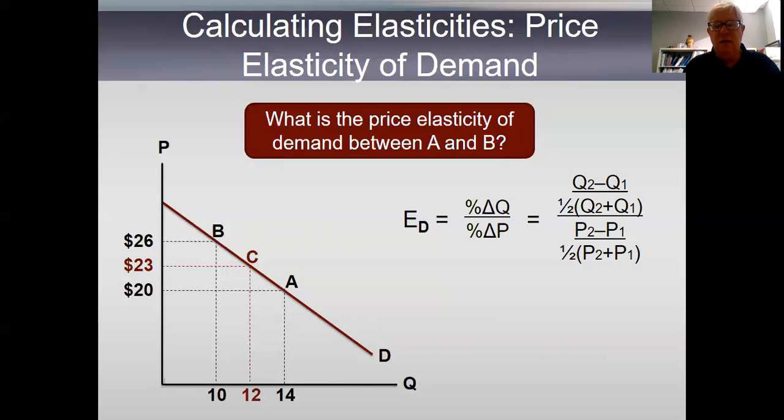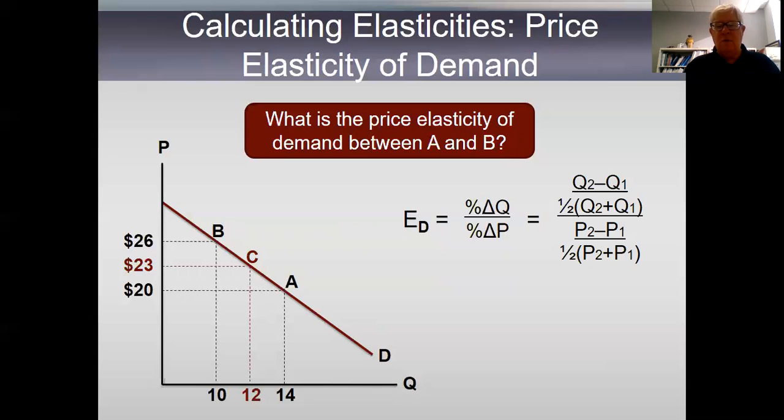Now, let me give you a little hint here. Regardless of which point you call point 1 or point 2, make sure you keep the price and the quantity for that point together. In this example, point A is going to be point 1, and then B is going to be point 2. So our calculation is we take the quantity associated with point B, Q2, subtract from that the quantity associated with point A, Q1, then divide it by 1/2 the sum of the two quantities.